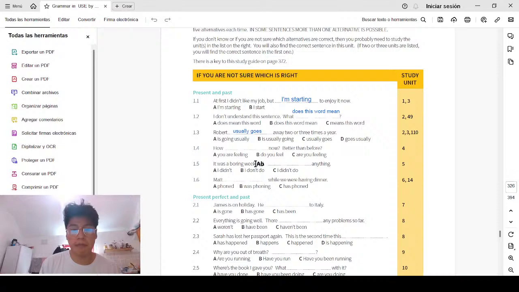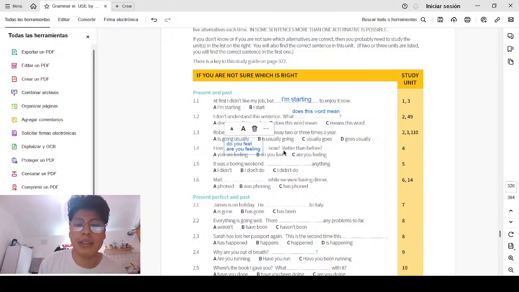The first one we can just ignore. So the correct answer could be B and C. In this case, how do you feel and how are you feeling, right?